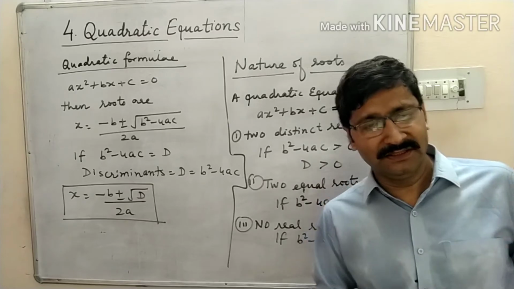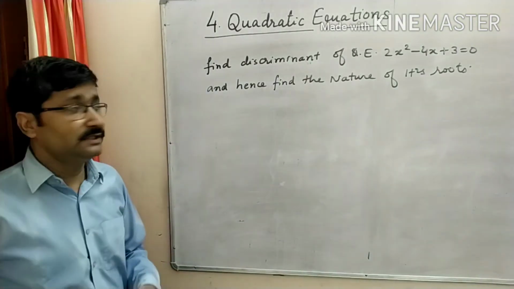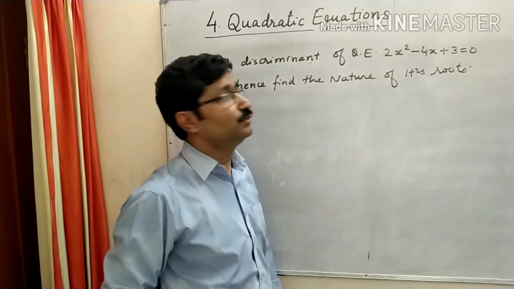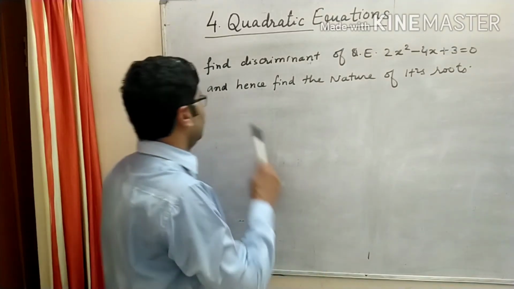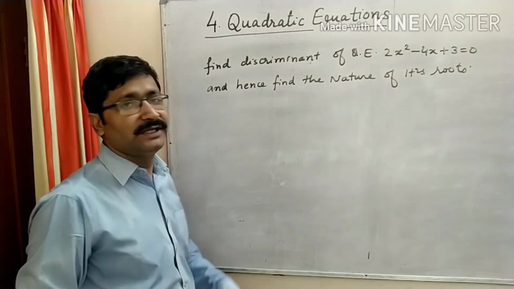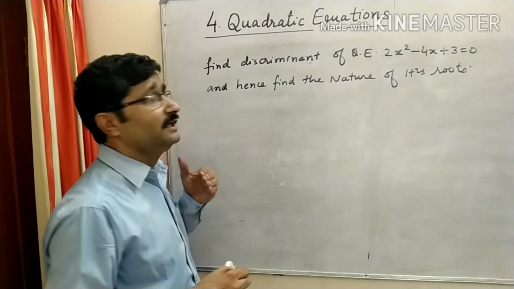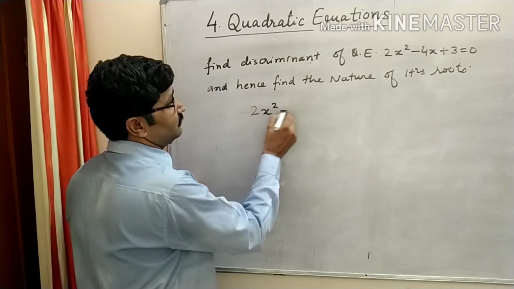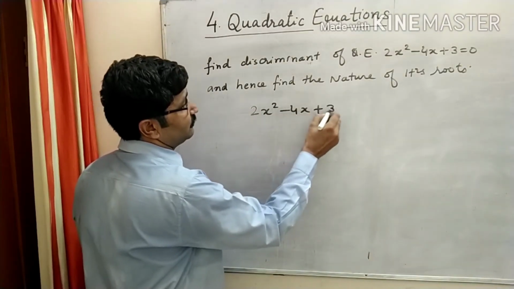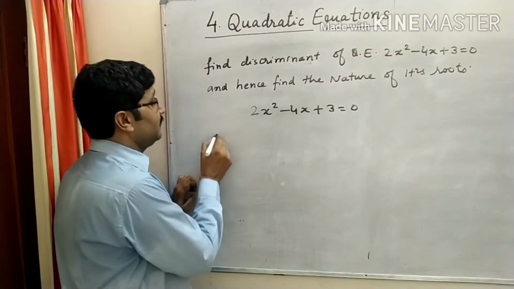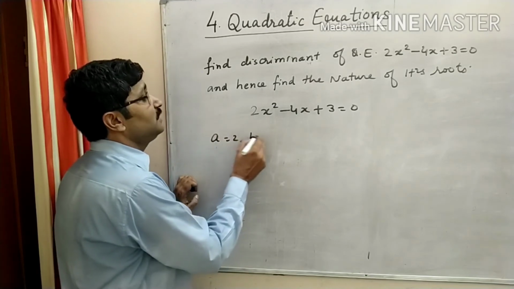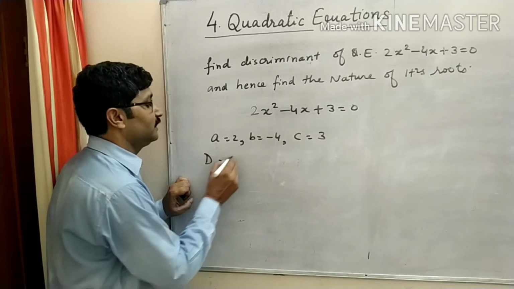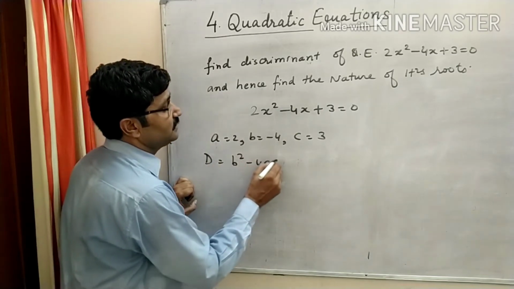Very interesting. Here the question is: find the discriminant of the quadratic equation 2x square minus 4x plus 3 equal to 0, and hence find the nature of its roots. We have to find only the discriminant. So look here, the equation is 2x square minus 4x plus 3 equal to 0. Here a equal to 2, b is minus 4, and c is 3. You already know the discriminant formula, b square minus 4ac.